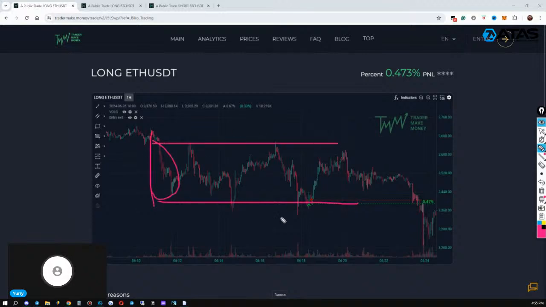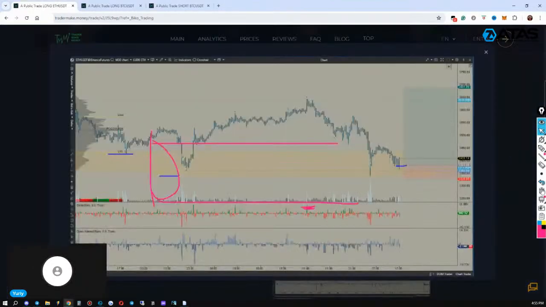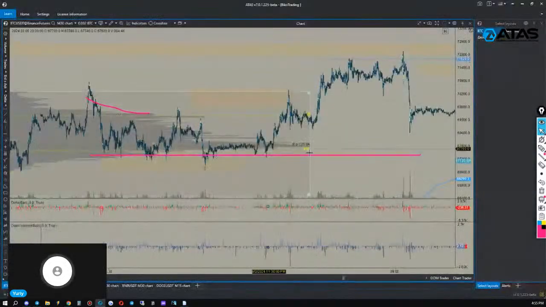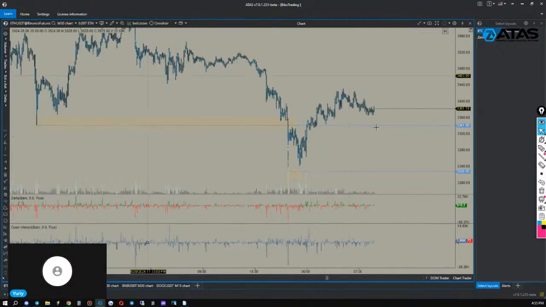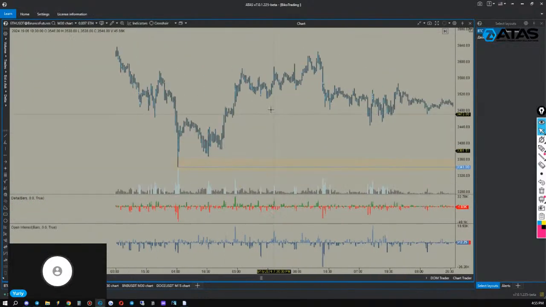You can see this value area low. Here I executed a long, but because of my mistake, I closed it. What was the reason why I decided to take the trade? Price was below this higher value area low. And what was beautiful at that time? Let me show you that Ethereum exact chart. It was exactly this Ethereum moment.